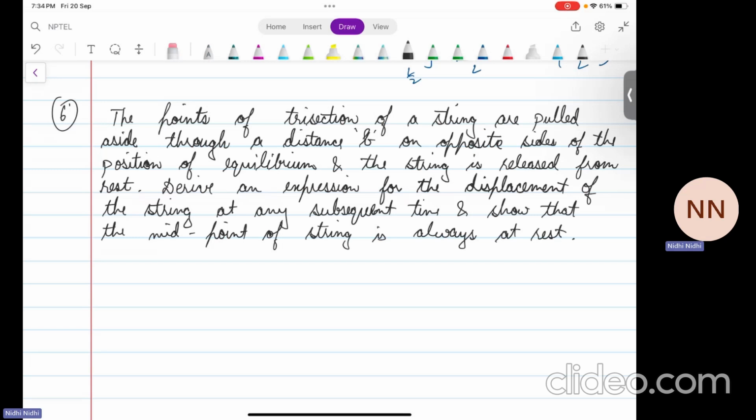That means the displacement at x equals L by 2 is 0.